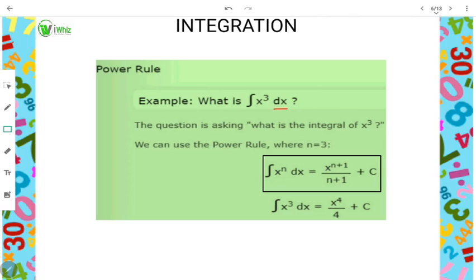When we were working with rules of differentiation, we said x to the power n minus 1, multiplied by n at the front. So all we are doing is integration, which is the reverse of differentiation. And remember that we will always add the constant of integration.